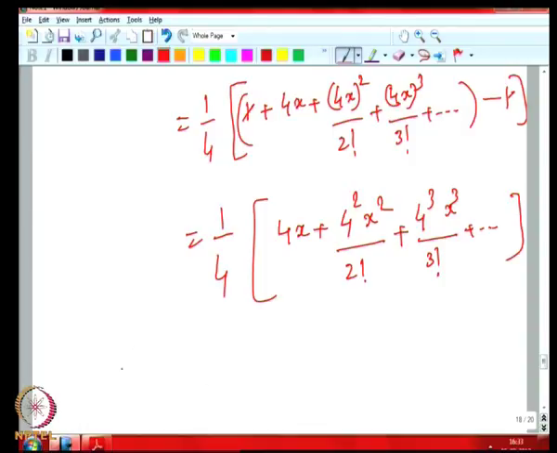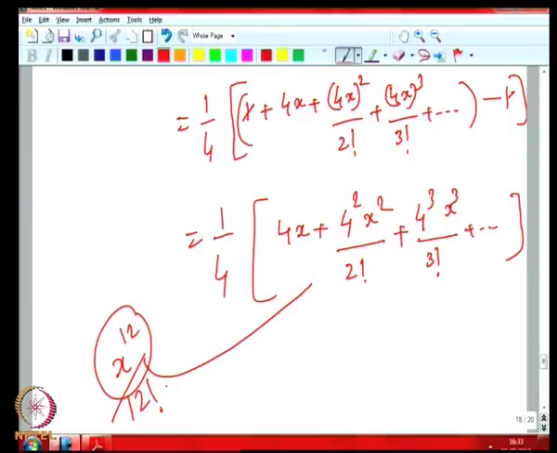So what would be the coefficient of x raised to 12 by 12 factorial in this thing, right. That will be 1 by 4 into, because x raised to 12 will have 4 raised to 12, right, because when we look at some point of time we will get some x raised to 12 by 12 factorial.